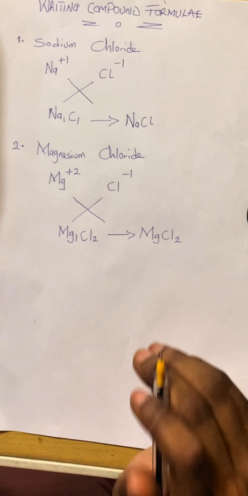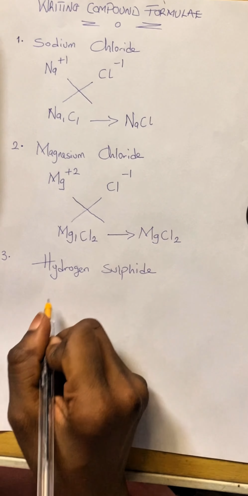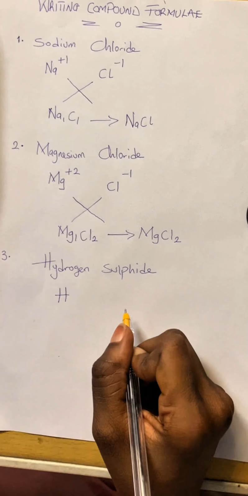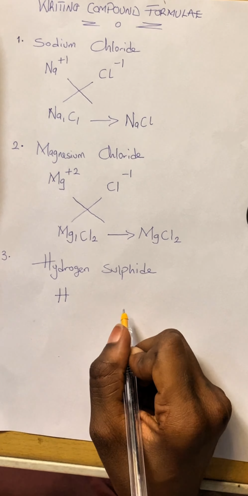Number 3. So let's take hydrogen sulfide. Hydrogen sulfide. Now hydrogen has a symbol of H, and sulfide is sulfur, with a symbol of S. Now hydrogen has a +1 charge. So take note, hydrogen has what? A +1 charge. And sulfide or sulfur has a charge of -2 because it belongs to group 6.